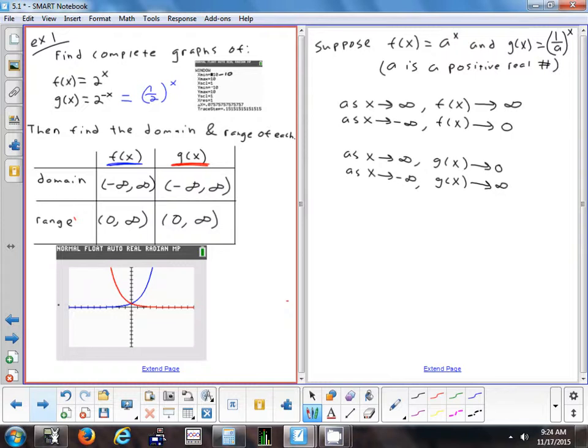So what do you think decides whether a graph is going to grow or decay? If we get rid of that negative and just look at comparing the bases, if you get a number less than 1, it's going to decay. If you have a number more than 1, it's going to grow.